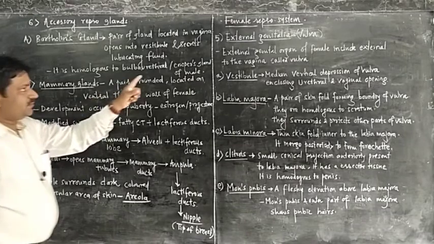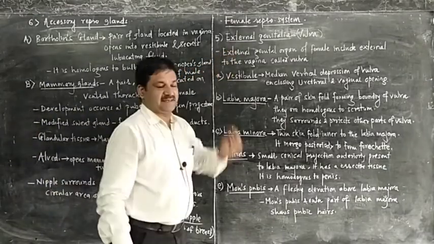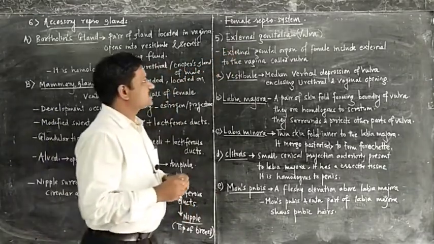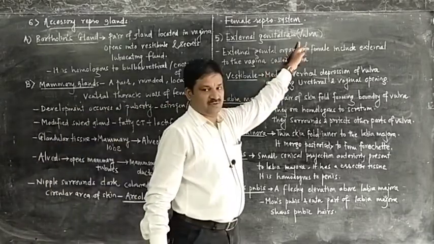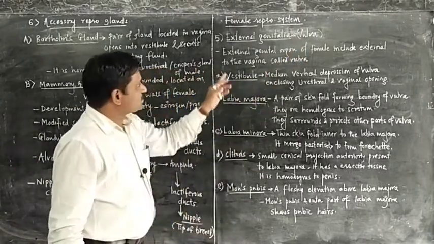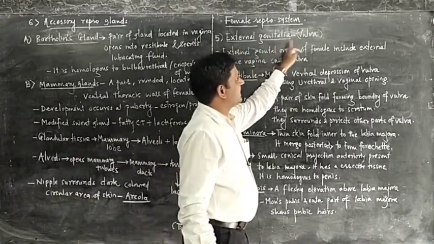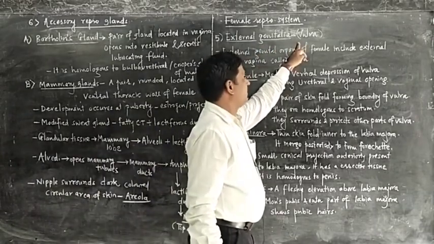First of all we will see the external genitalia. It is the external genital organ of the female. It is also called external genitalia or vulva.